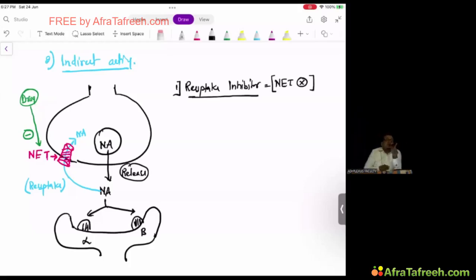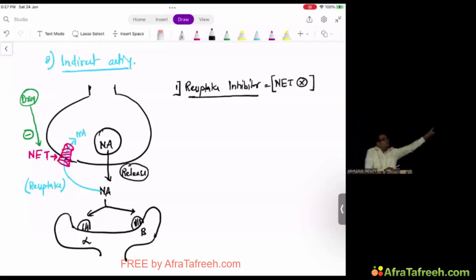The drug is not stimulating the receptor, that is why it is called indirectly acting. So the first mechanism of indirect action is the reuptake inhibitor. A reuptake inhibitor inhibits which protein? The norepinephrine transporter.